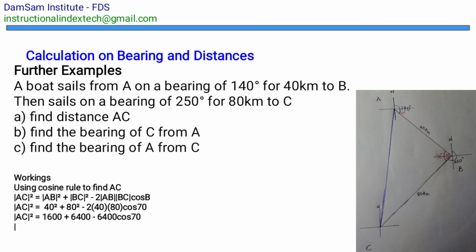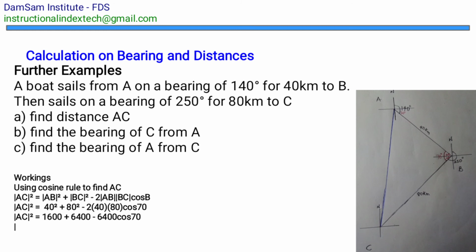Then 40 squared is 1,600. 80 squared is 6,400. Then 2 times 40 times 80: 2 times 40 is 80, and 80 times 80 is 6,400 cos 70.